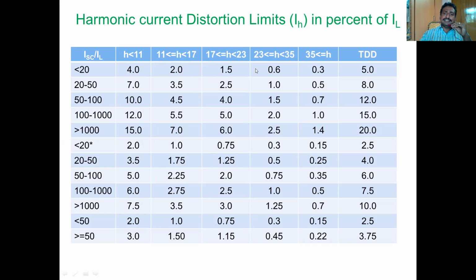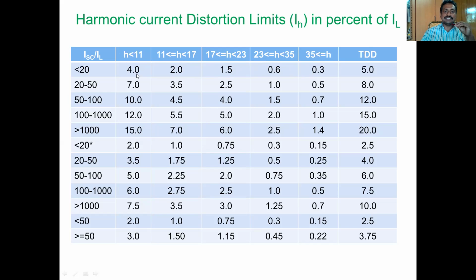If the harmonics increase more and more, there is no problem. That's why harmonics above 35 will not be included while evaluating. If the harmonic number increases, the effect of this THD is also a very less value. So this is the THD very less.